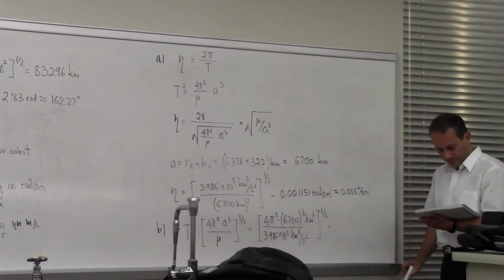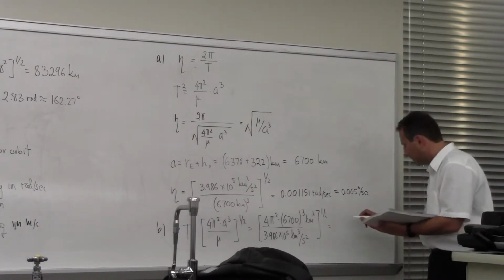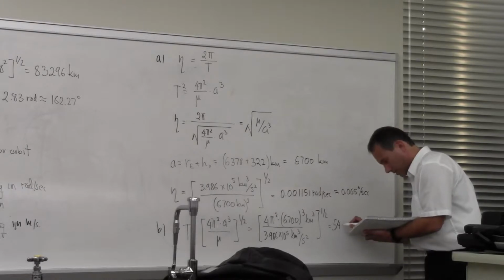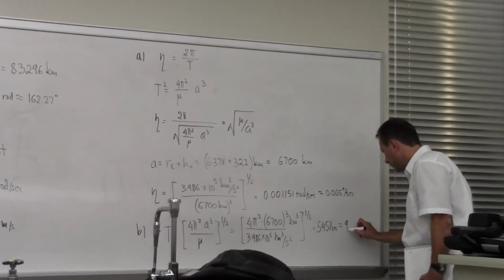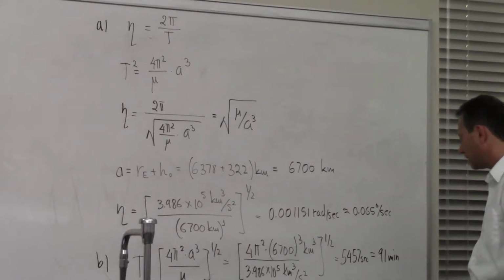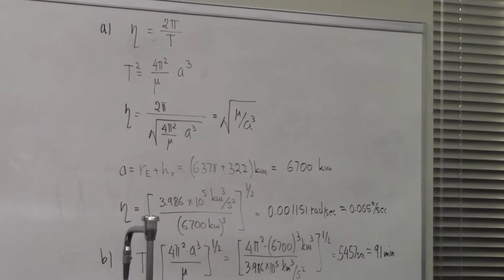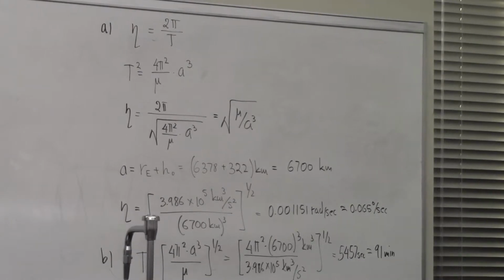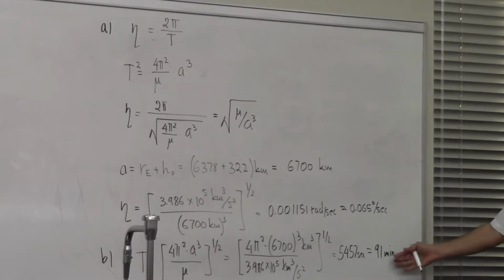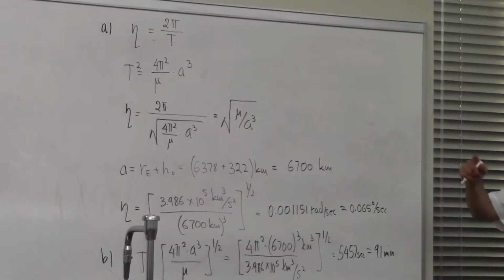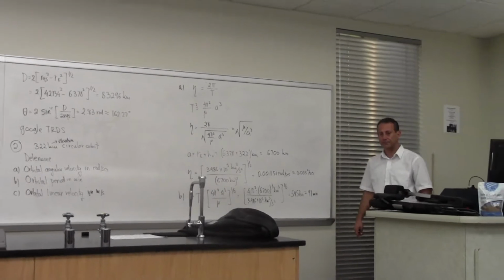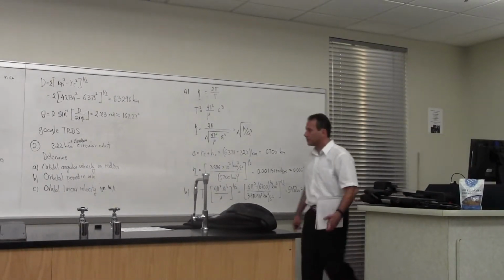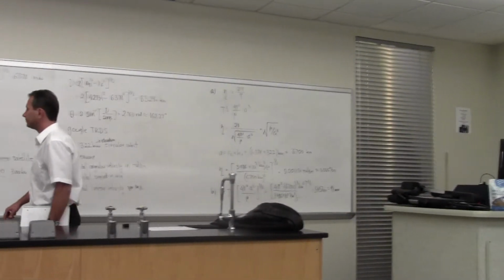And this gives you 57 seconds, which is roughly 91 minutes. An hour and a half, right? And that's the order of magnitude, plus or minus a few minutes, for the LEO satellites, the ones that are flying around close to the ground. And then the last one: what is the linear velocity?